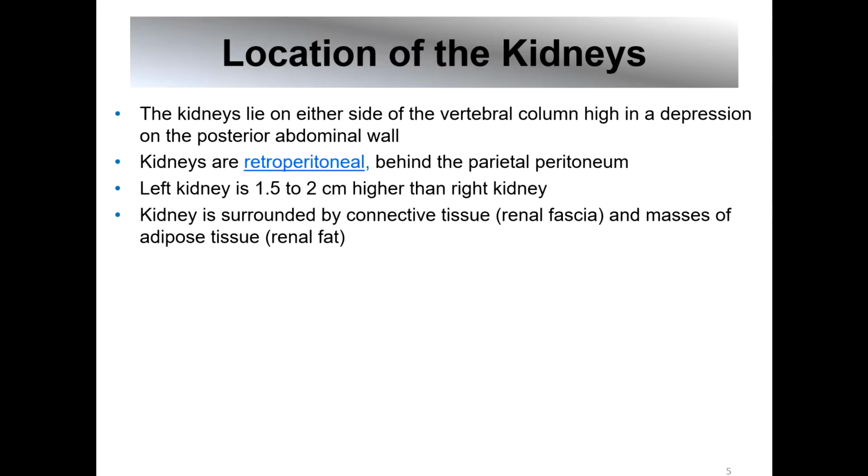Now you remember the peritoneum was the serous membrane that surrounded the abdominal organs, or mainly the digestive organs. Retroperitoneal means that it is behind the peritoneum. All right, so the kidneys are not surrounded by peritoneum.